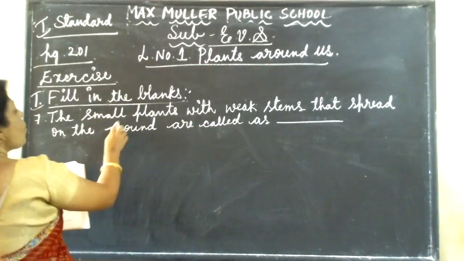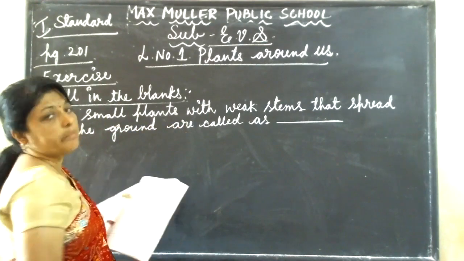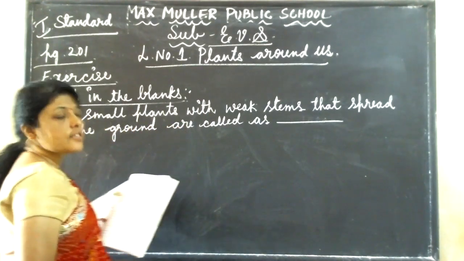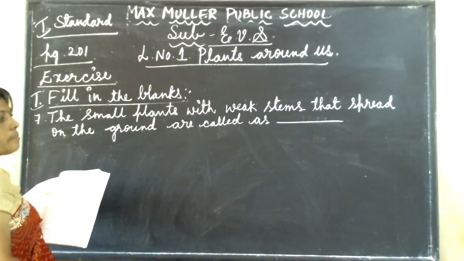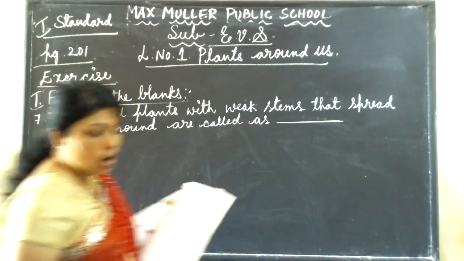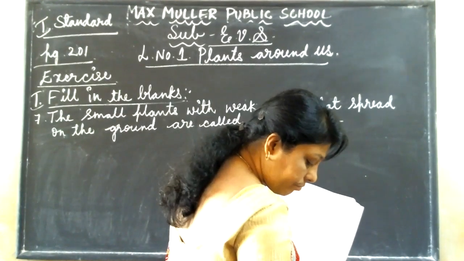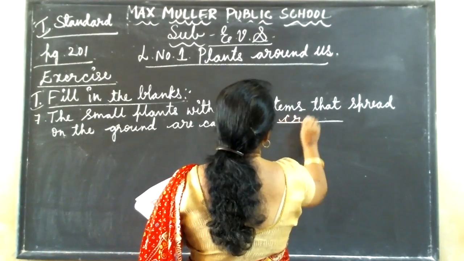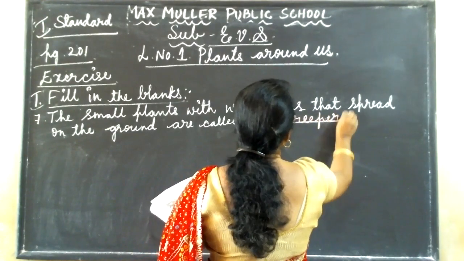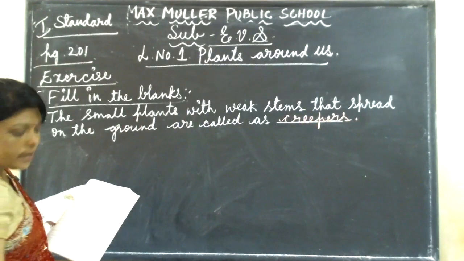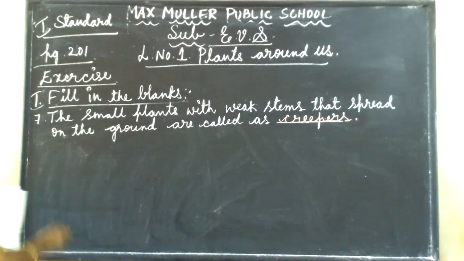Yes, the small plants with weak stems can't stand even if you give support. They are very weak stems, so they spread on the ground. Those plants we call creepers. Then come to the eighth one.